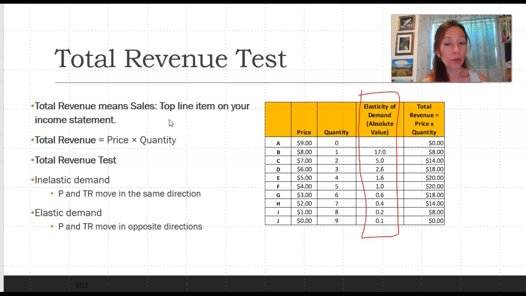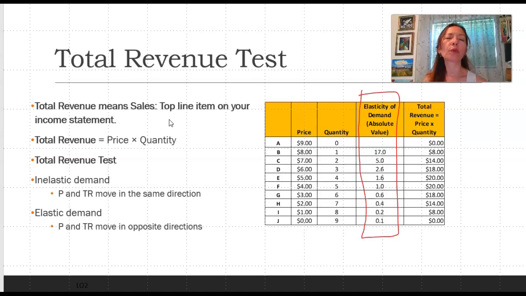Or what are total revenues? Total revenue means sales. It's the top line on your income statement. It is the number of units that you sell, which would be quantity, times the price that you are charging for that unit. So price times quantity gives you your total revenue.